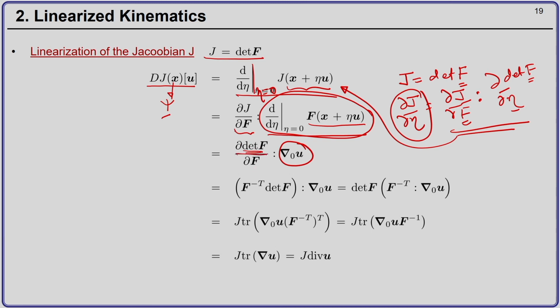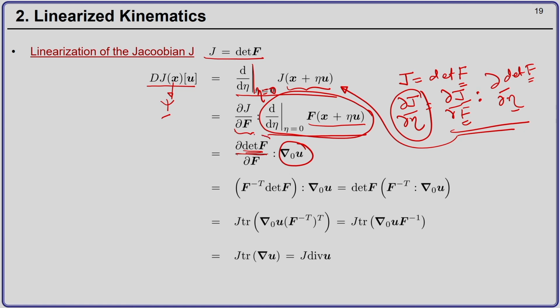Now, we have already computed the gradient of the third invariant of a tensor with respect to the tensor itself. What was the third invariant of a second order tensor? It was the determinant of the tensor.